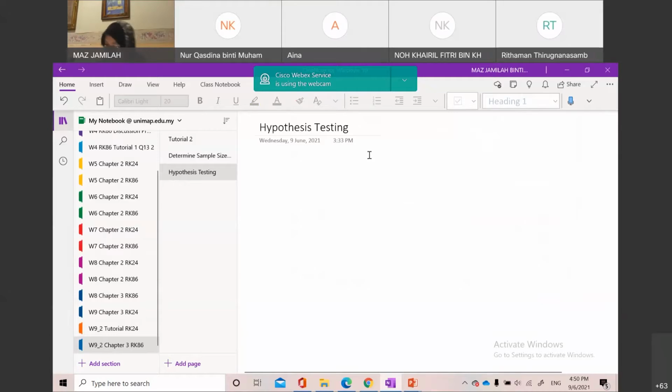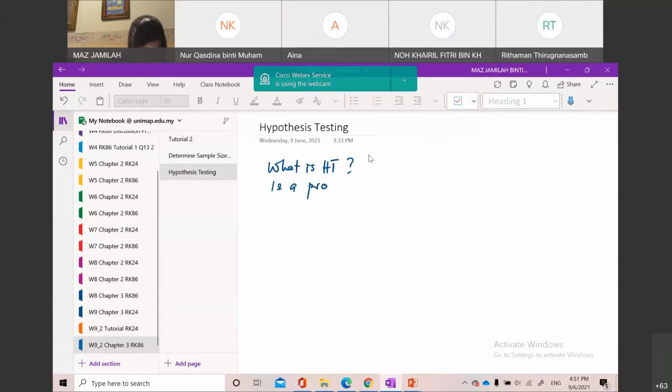Now, if I were to put it in a simple way, what is HT? It is a procedure.